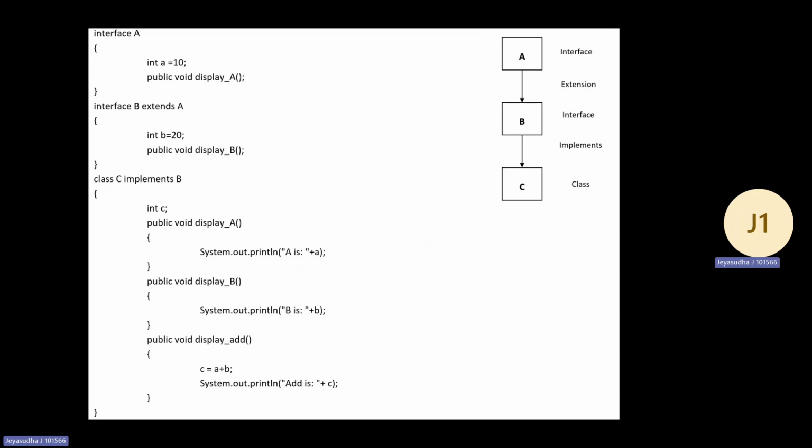You can see implements is the word when we are using it along with a class. But here I am inheriting interface B from A, so here we are again using extends. And you have class C that is going to inherit from B. So we have multi-level inheritance.